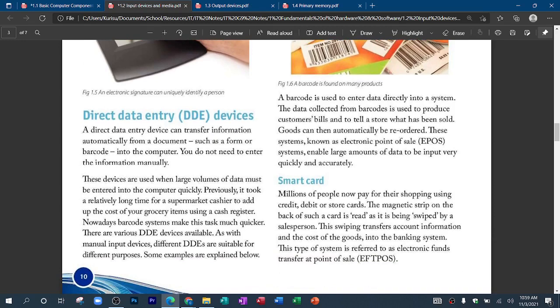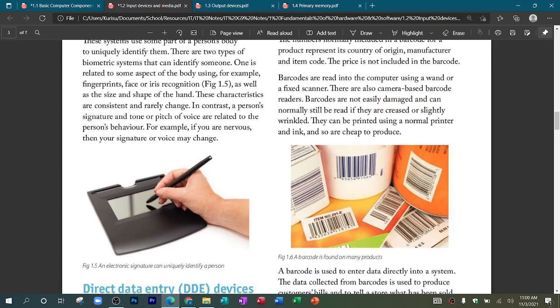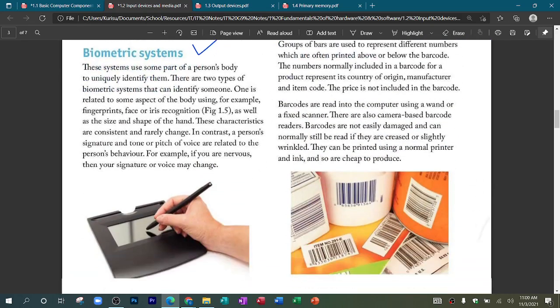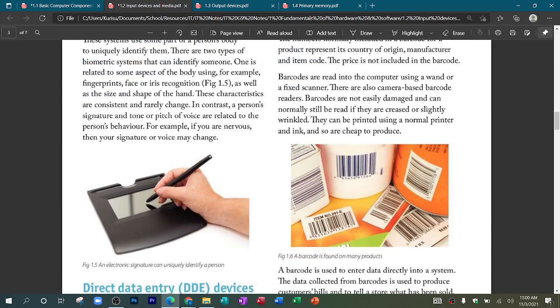So the second category, because remember there's only two types of input device, is the direct data entry device. This transfers a group of data automatically. So what are some examples? We have the barcode reader, which scans a barcode and inputs all the information that is in the barcode.